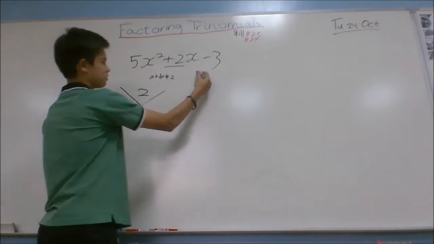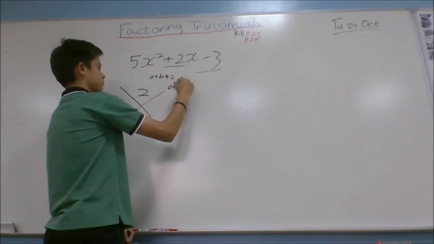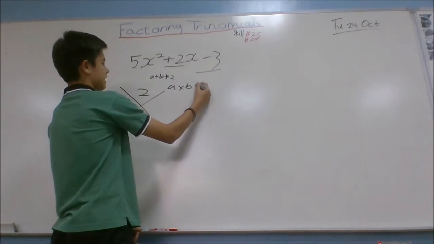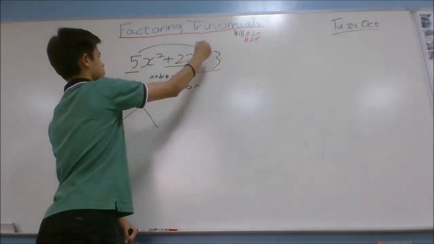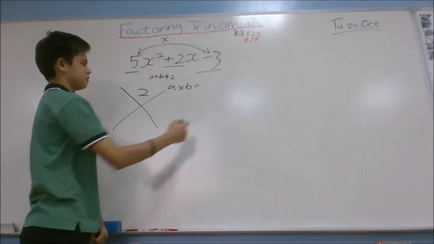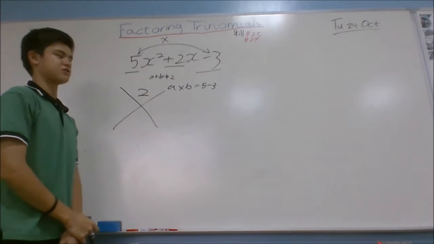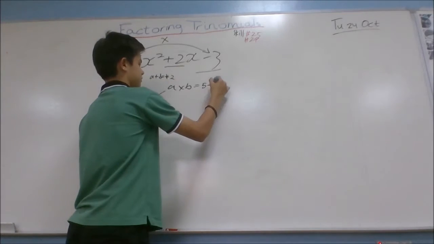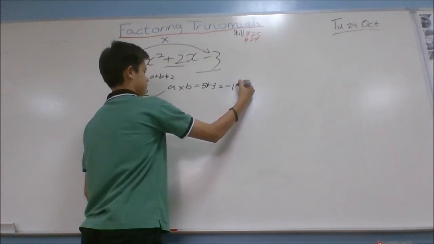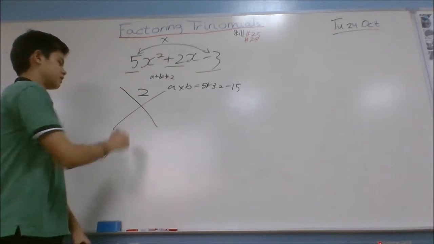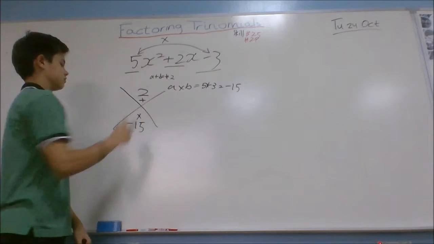Instead of finding a number to multiply to negative 3, we find a number that multiplies to equal the first and last numbers multiplied together. That's 5 and negative 3, and 5 multiplied by negative 3 would be negative 15. So we're looking for numbers that multiply to negative 15 and add to 2.